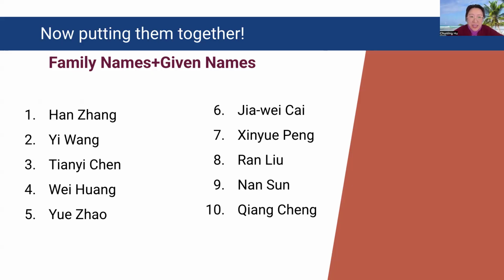And Reina, can you read that in the Chinese name order, family name first? 张涵、王毅、陈天一、黄维、赵越、蔡家伟、彭新月、刘冉、孙楠、陈强。 That's great. Do you need some minutes to practice?